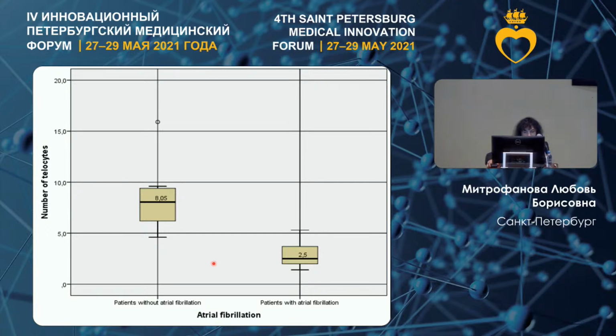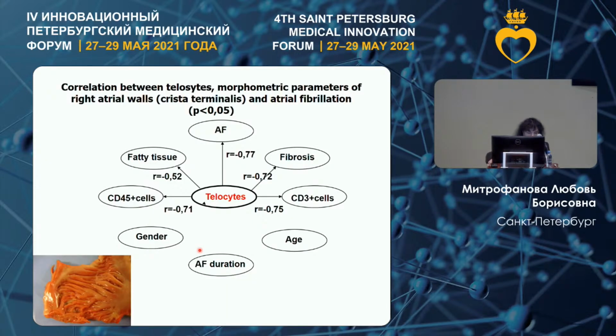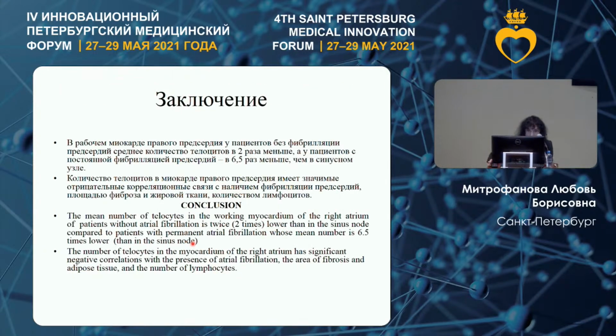Most important thing, patients without atrial fibrillation have 4 times more telocytes than the patients with atrial fibrillation. We found out that there's a strong negative correlation between the number of telocytes and AF, fibrosis, fatty tissue, and inflammation.